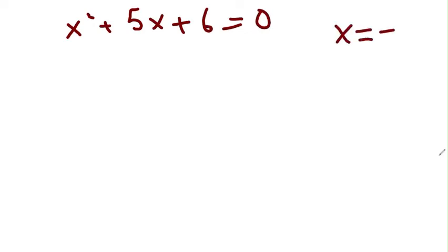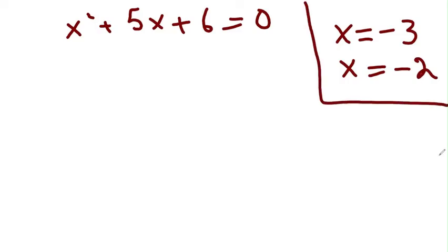X squared plus 5x plus 6 equals to 0. As we have calculated, the solution set is X is equal to negative 3 and X is equal to negative 2. Let's substitute these two values in the given quadratic equation.